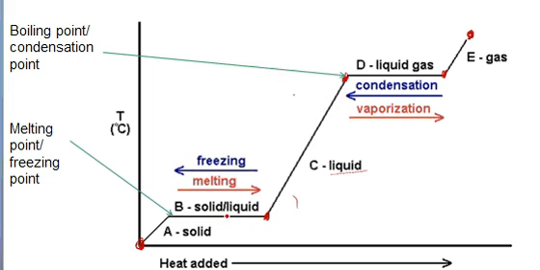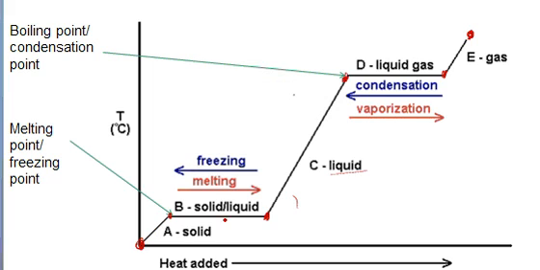So again, as we're going from right to left along this line that represents the phase change, that represents freezing, what we see is more and more of the substance has changed from a liquid to a solid. And finally, when we get to this point, all of the liquid has become a solid. Once it's solidified and we continue to remove energy, then the temperature of the solid will decrease.